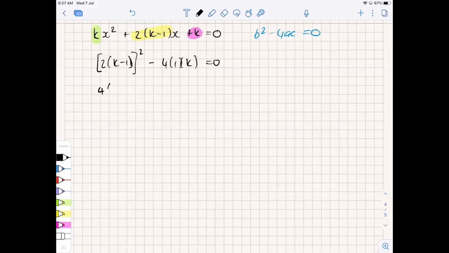We're going to get k squared minus 2k plus 1 inside the bracket, and over here we're going to get minus 4k equal to 0. We can sort that out, and you can see that we're going to get a quadratic.